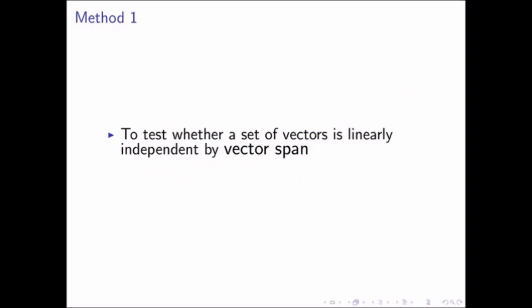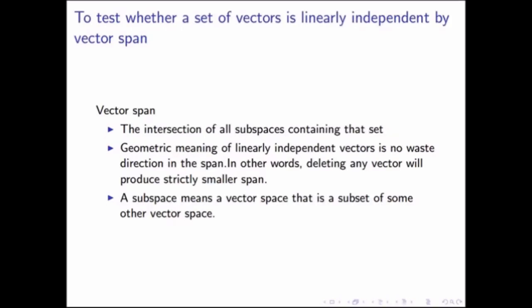Now, before using vector span to test whether a set of vectors is linearly independent, you may ask, what is vector span? Vector span is the intersection of all subspaces containing the set, and you can simply think of it as how many dimensions the set reaches.